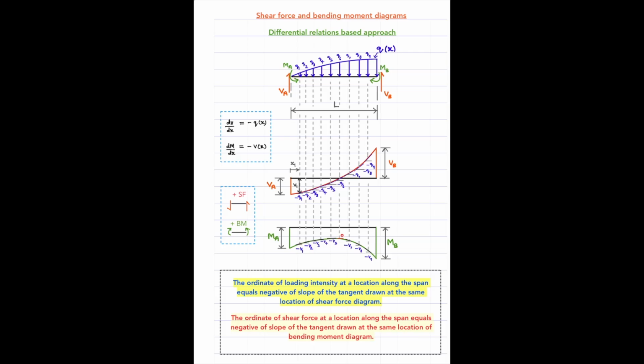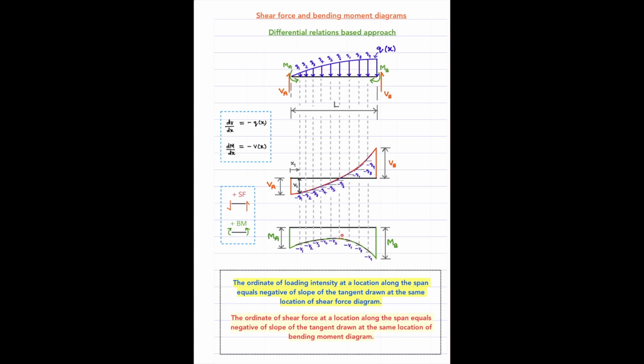The same logic applies here. So V indicates the variation of shear force. That is, in the shear force diagram, if we pick a particular point, draw the tangent at that point and measure the slope, that slope should be equal to the negative of the load intensity in the actual beam. So that's what it says.